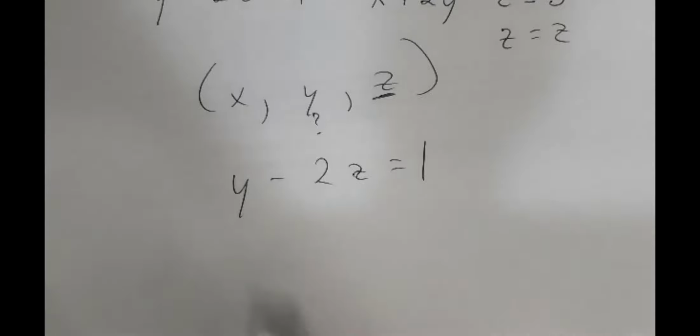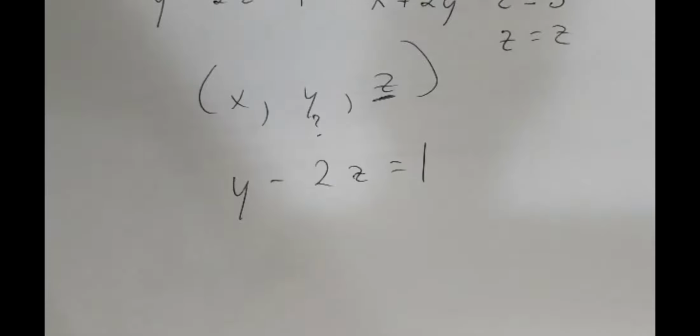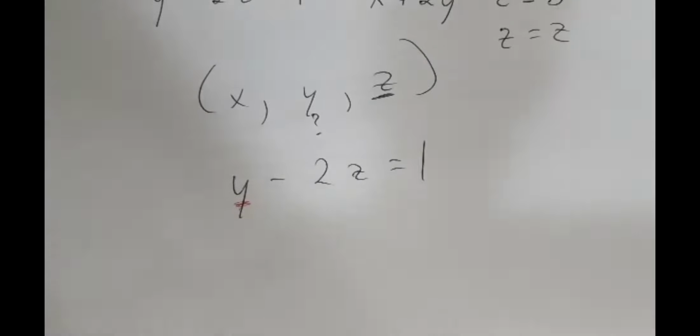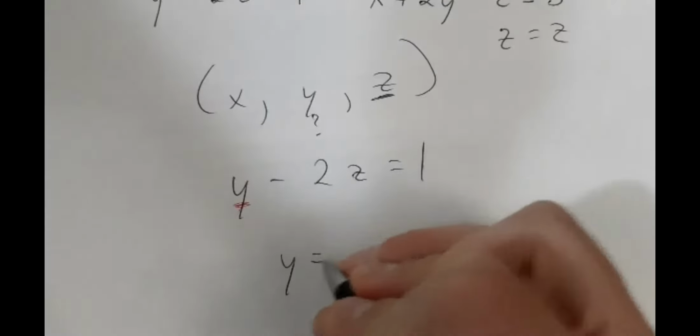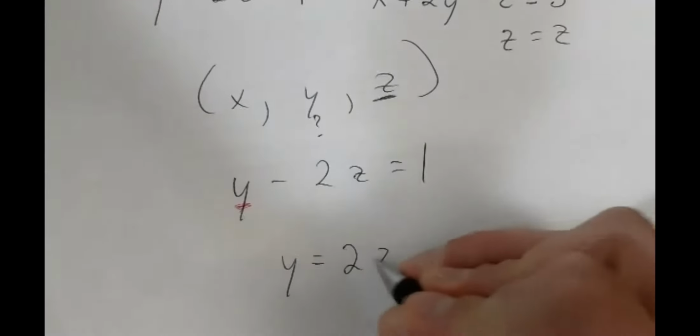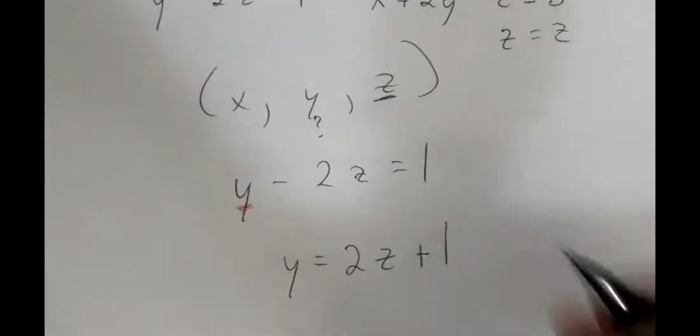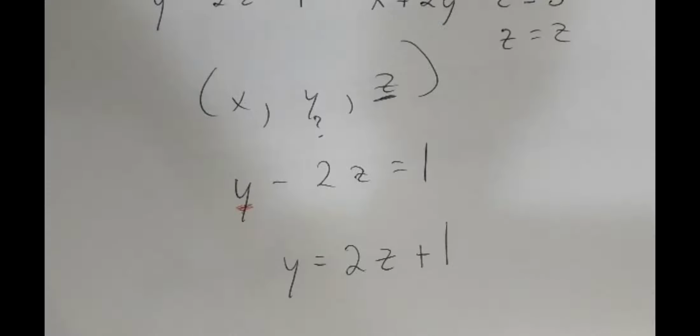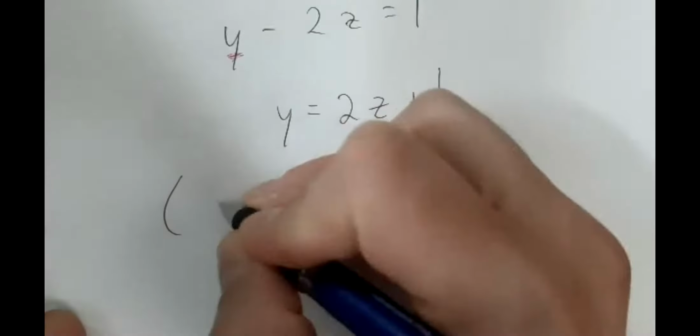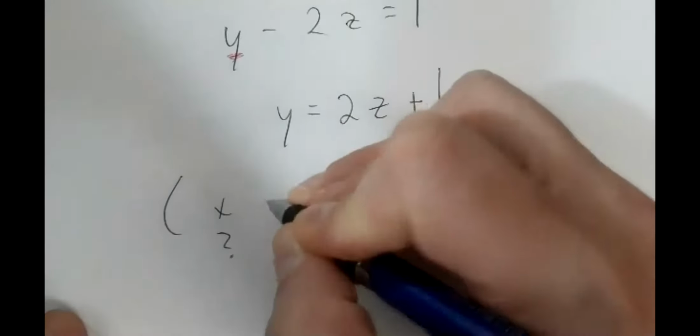So we're solving it for y. Get rid of the 2z, put it on the other side. Yeah, we got to add that 2z over. So y equals, this 2z is going to become positive. Then we still have plus 1. So now I got part of my line. I don't know what my x is.